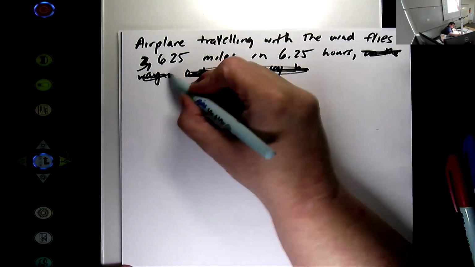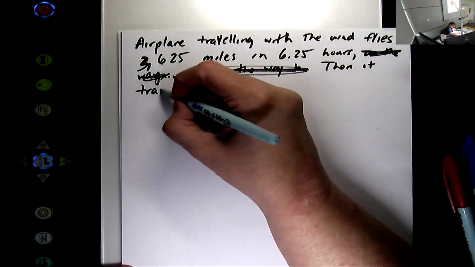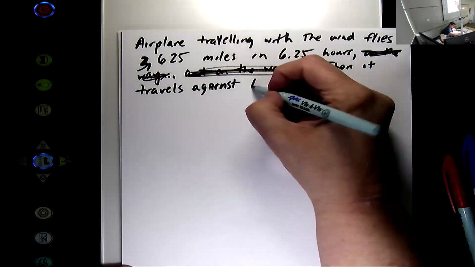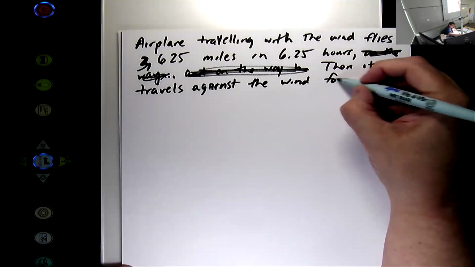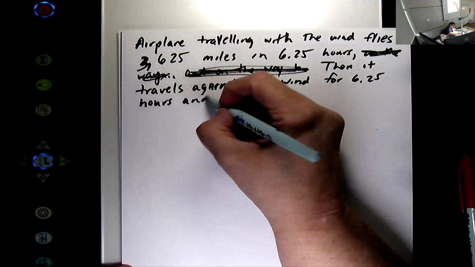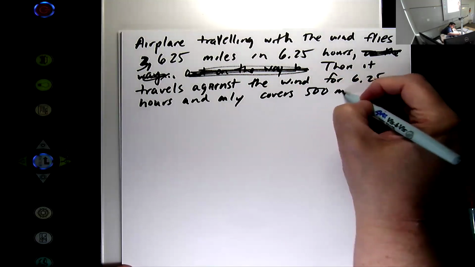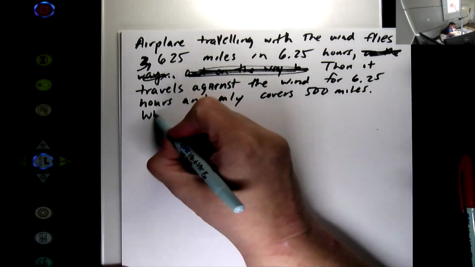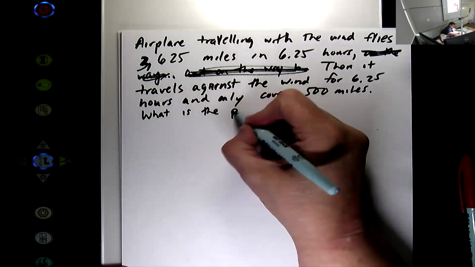Then it travels somewhere else against the wind for 6.25 hours and only covers 500 miles. The same amount of hours? Same amount of hours, okay. What is the plane speed and the wind speed?